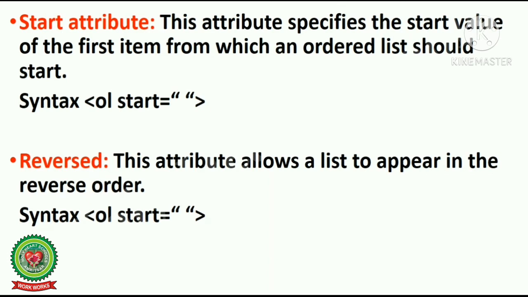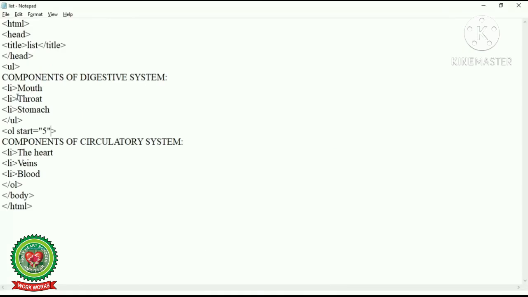Let's see how. Here I have already written OL start is equal to 5. So I want to show my ordered list in reverse order from 5, and then give space. Here you have to write reversed.